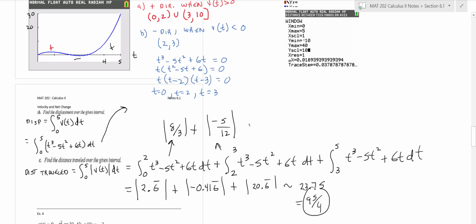I think that's what I did. And then that third integral was 62 over 3. And then you could put that in your calculator and you'd end up getting 95 over 4. Okay, like that. And anytime you have repeating decimals, the calculator will usually convert it to a fraction if you put several decimals in it.